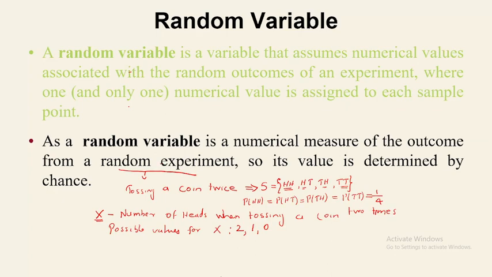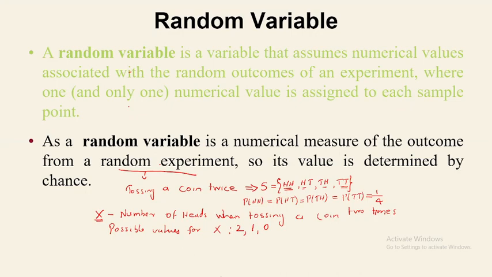Similarly, the number of tails when we are tossing a coin 2 times. So this is a very simple, user-friendly example to understand the random variable. A random variable is a variable, but its values are determined by the outcomes of the random experiment.